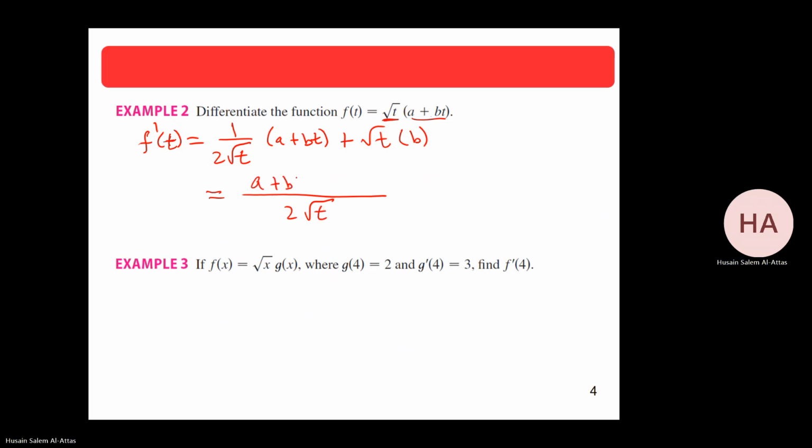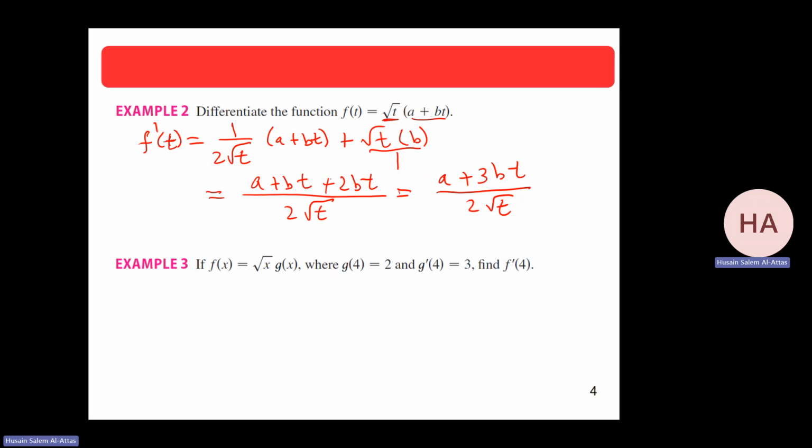A plus bt. Now here this is over 1. So I have plus 2bt. All right? That will be a plus bt over 2 root t. Okay. Just a matter of calculation. So this is a plus 3bt over 2 root t.